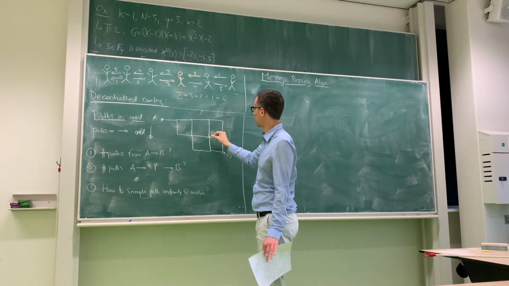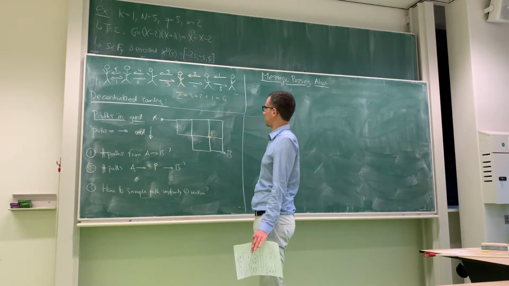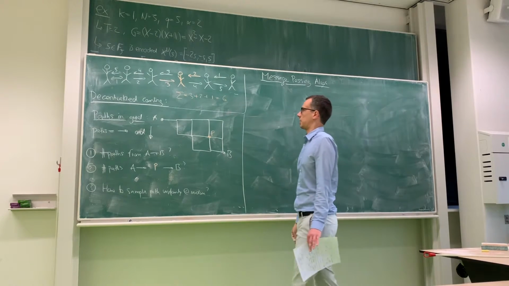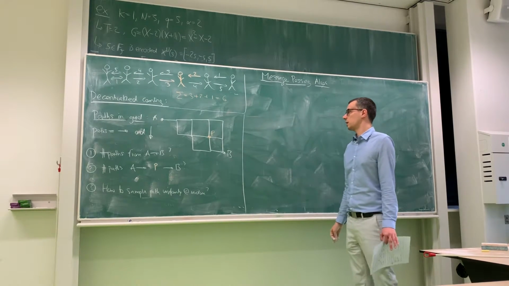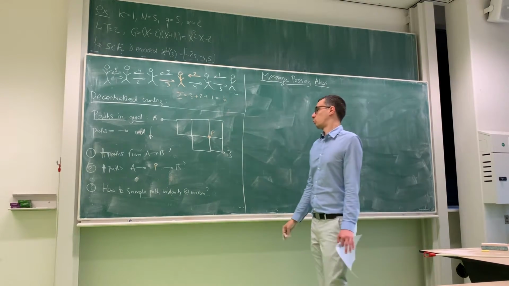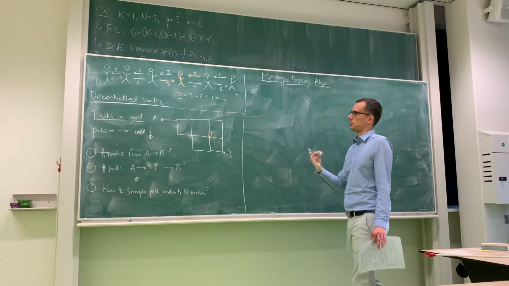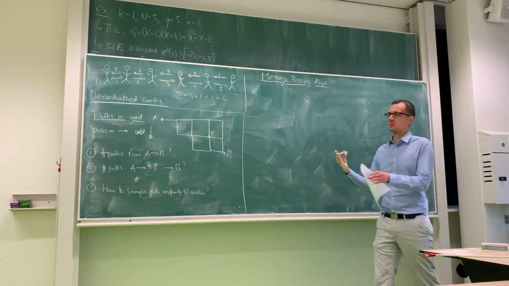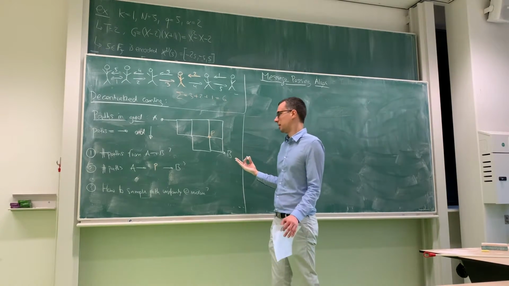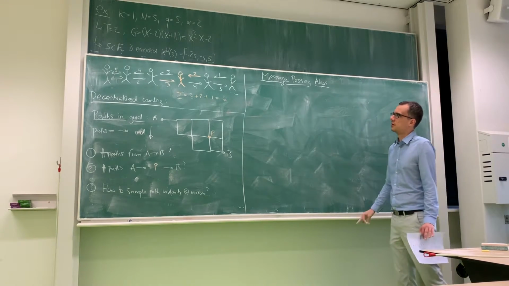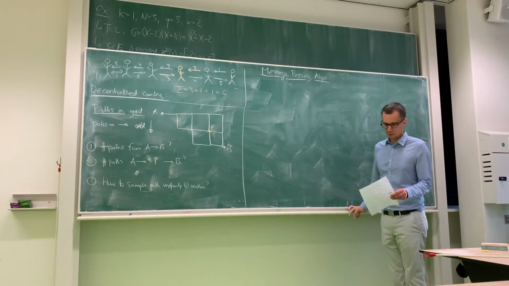For example, for this one it will not be true that this and this are equally likely. One way of seeing it is that with these decisions, you always make a choice with probability 1/2, so all the probabilities in the game should be powers of 2, but they're not. The number of paths doesn't need to be a power of 2. So that's one indirect argument, but just to keep in mind.